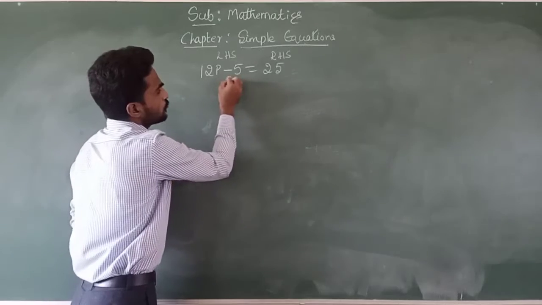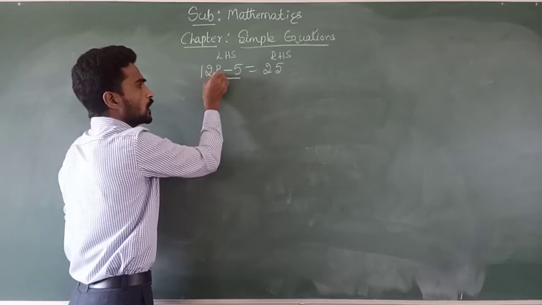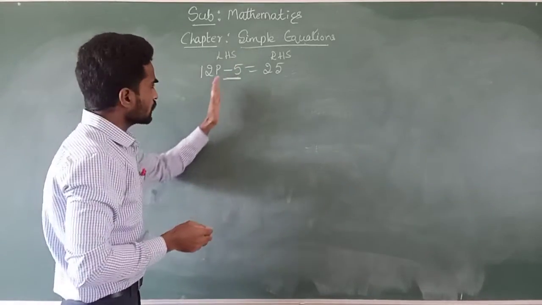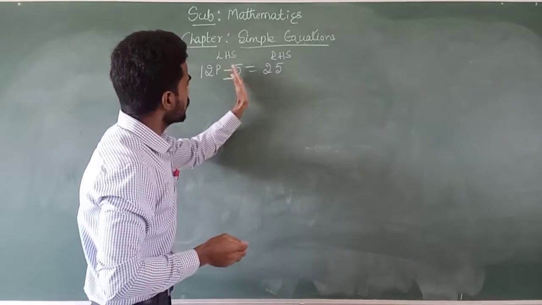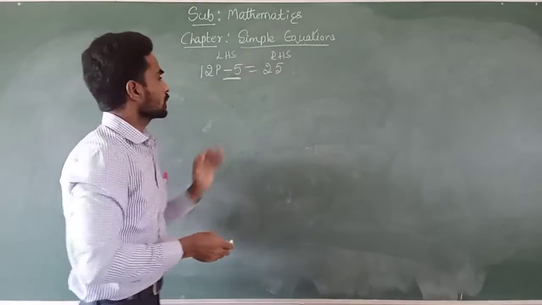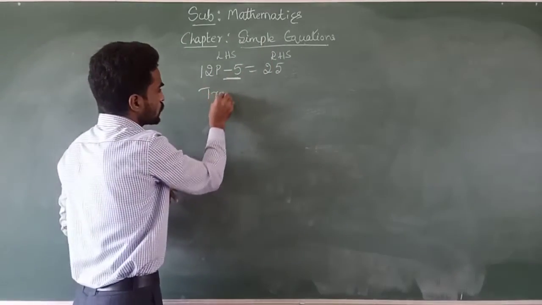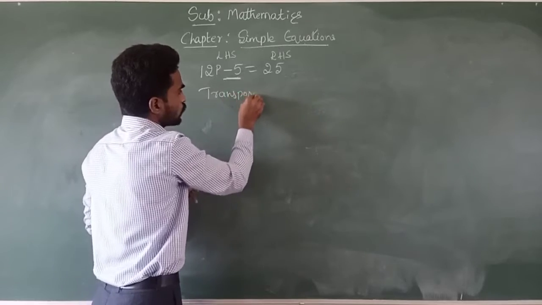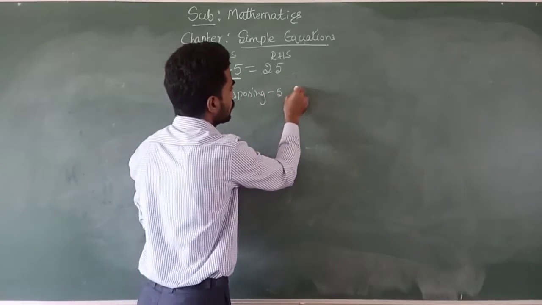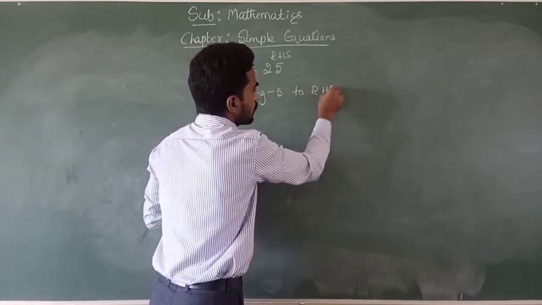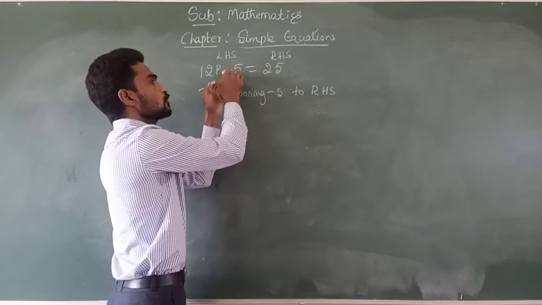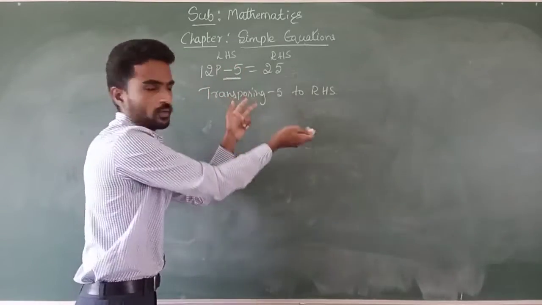Here minus 5 is subtracted from 12p. We can transpose this minus 5 from the LHS to the RHS.